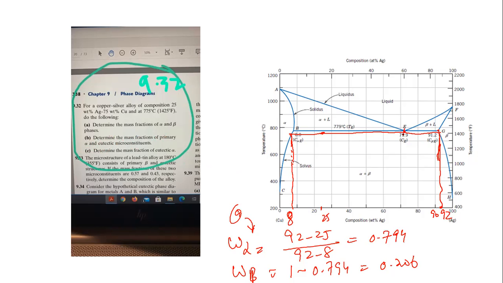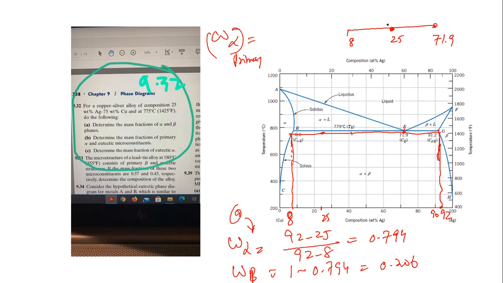It is written here. So W of primary alpha is equal to, we will consider this line. This is our 25 line, this is the 8 line, and this is 71.9.